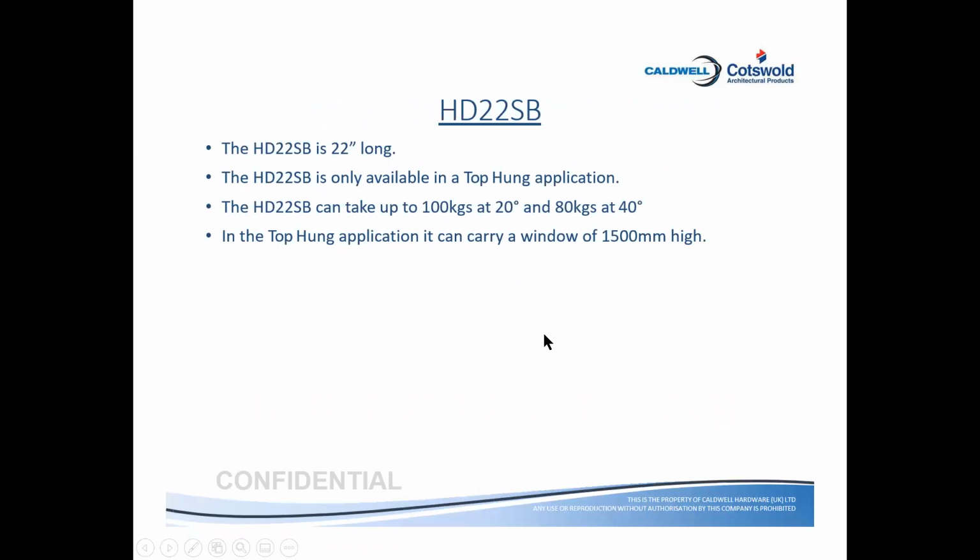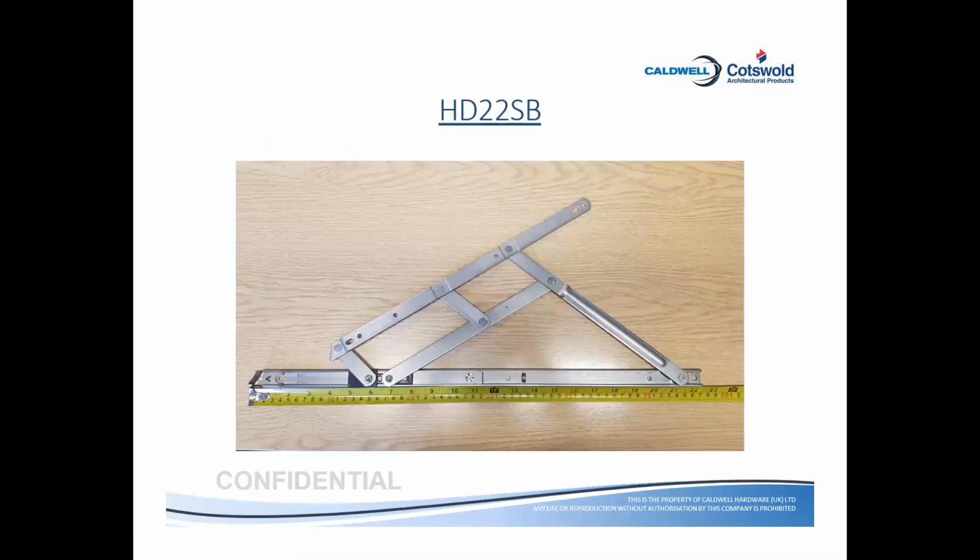This is regarding HD22 SB details. Again, they have explained in a separate slide. How it looks, it's shown here. Before we move further, I will just highlight a couple of important points.